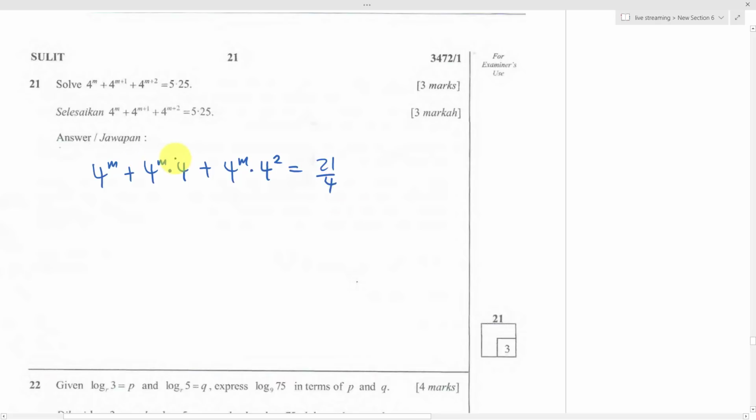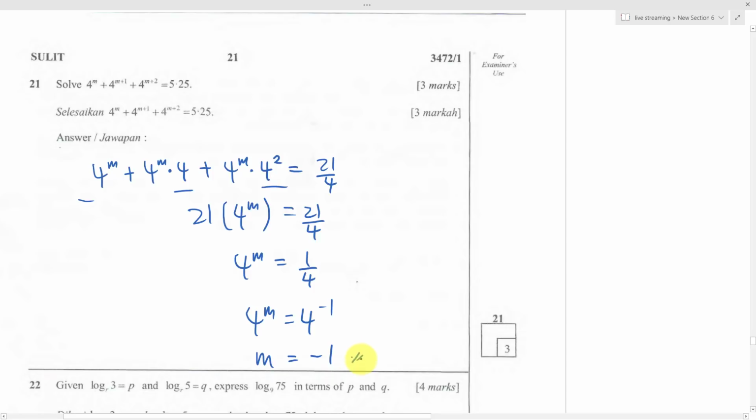So you have 1 of 4 to the power of m, 4 of 4 to the power of m, and 16 of 4 to the power of m. 16 plus 4 plus 1 is 21. I have 21 times 4 to the power of m equals 21 over 4. So 4 to the power of m equals 1 over 4, which is 4 to the power of negative 1. So m equals negative 1.